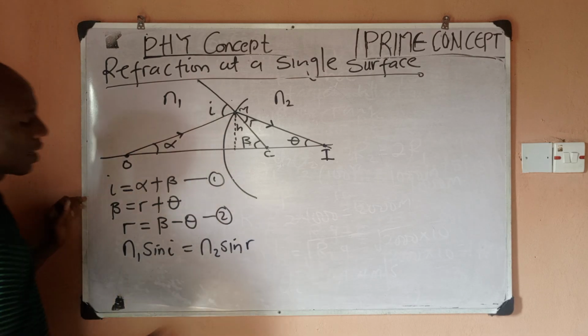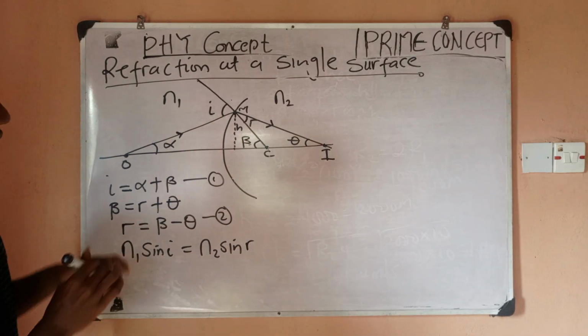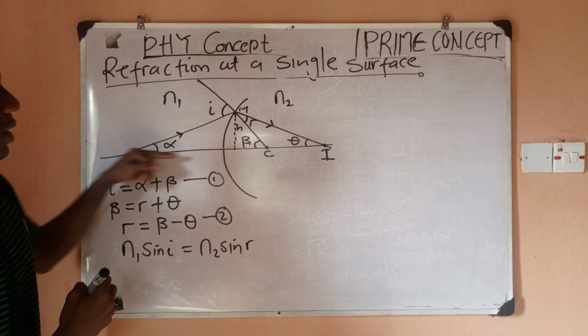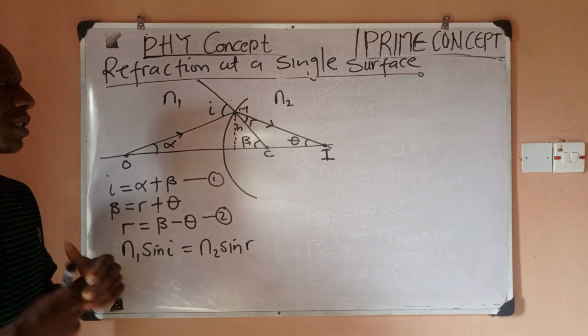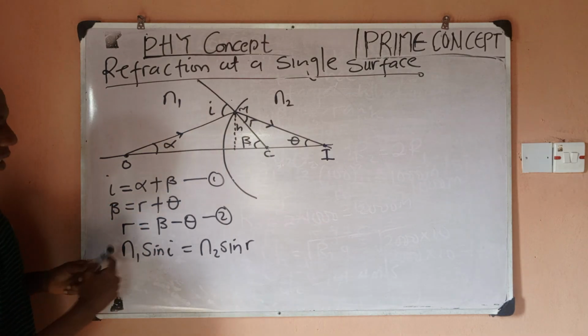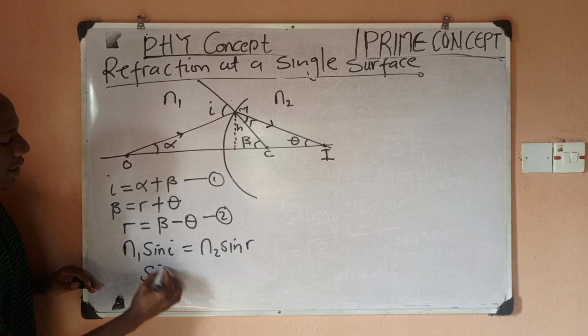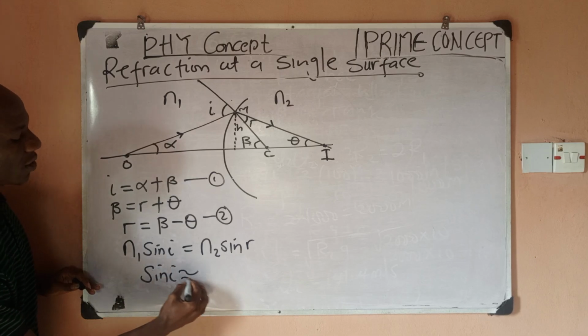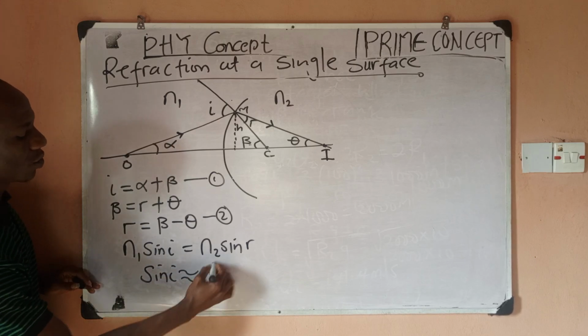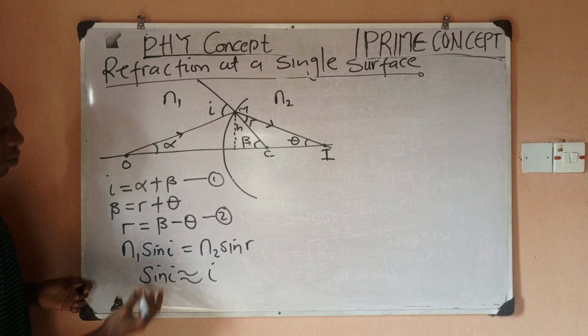R, right? Now, since we are considering that this ray is a paraxial ray, it simply means that we can make the assumption that sine I is approximately equal to I, yes, for small angles.